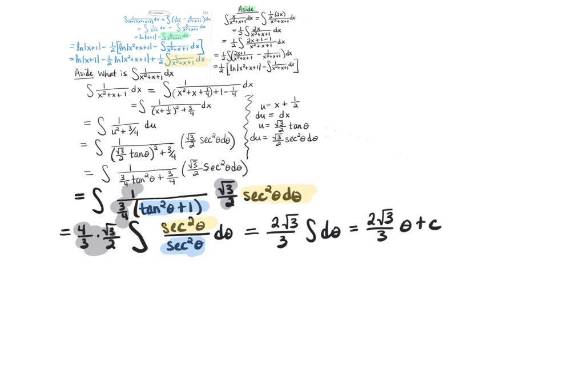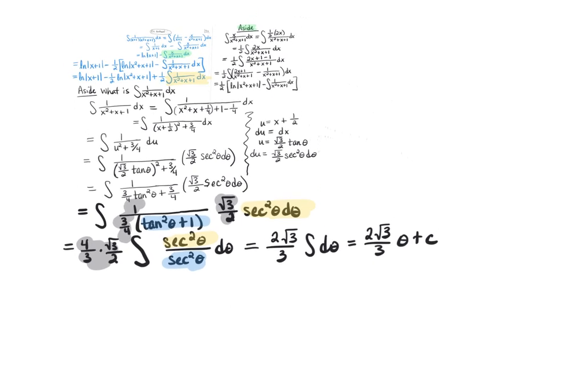Now, what's theta? What is theta equal to? Up here, we did the majority of the work, so let's go back up here and figure this out. So u is equal to square root of 3 over 2 times tangent of theta. Another aside within our aside: theta is equal to tangent inverse of u over square root of 3 over 2.